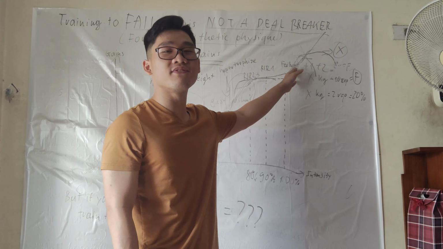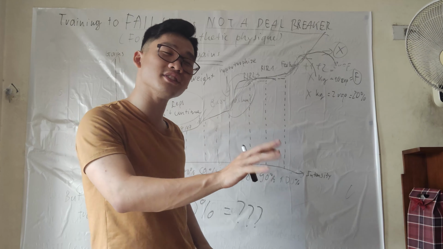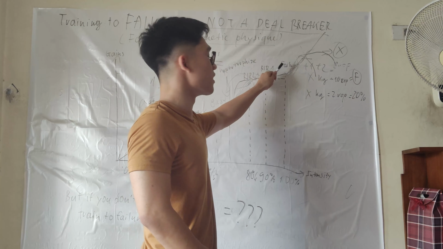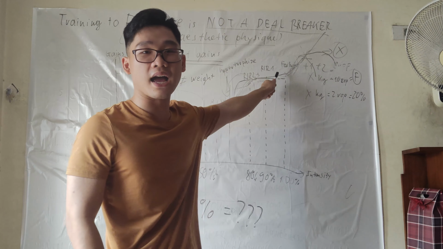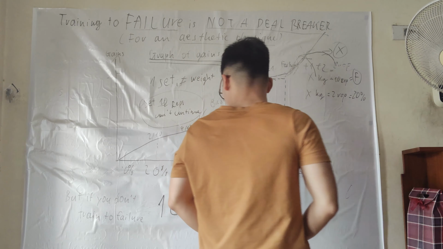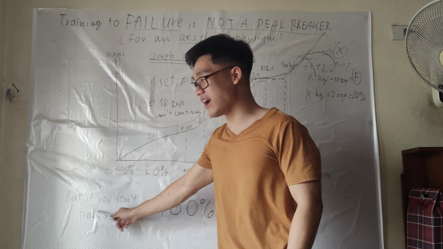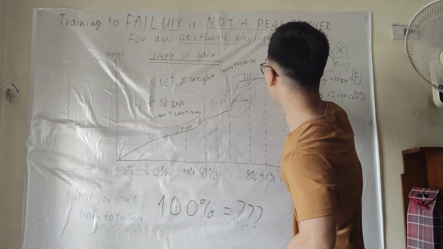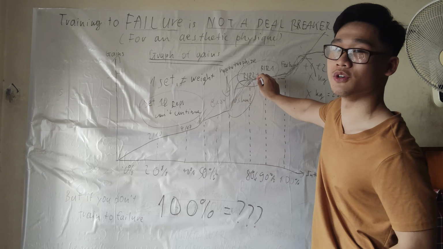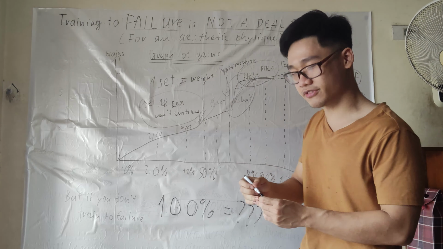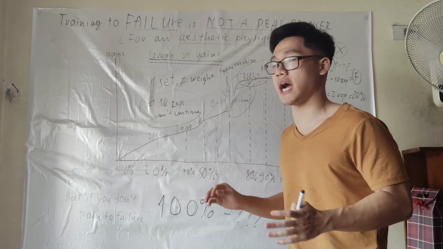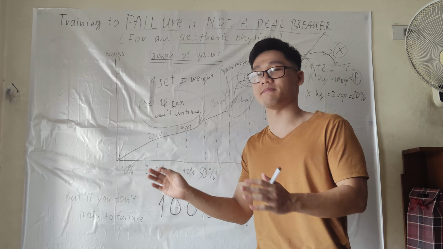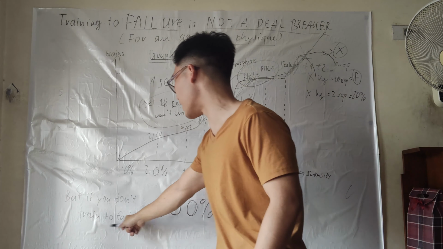Oh, I understand failure before. Oh man, I understand failure, but you have never reached failure before in your life. So, if you don't train to failure, how would you know what the feeling of RIR 2 to 3 to RIR 1 feels like? How would you know that 1 rep shy to failure or 2 to 3 reps shy to failure even feels like?